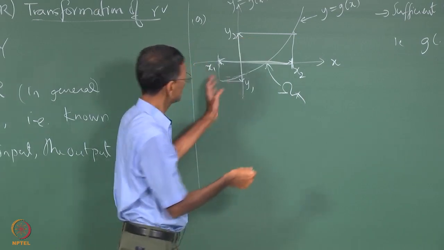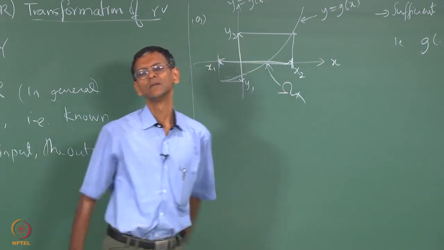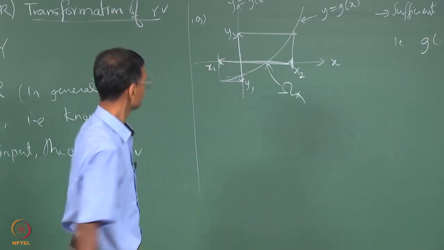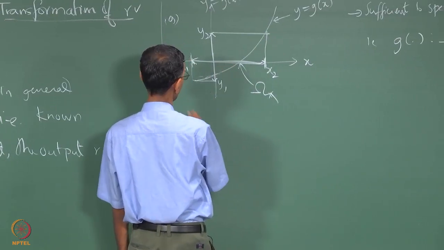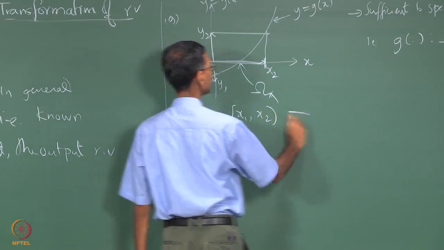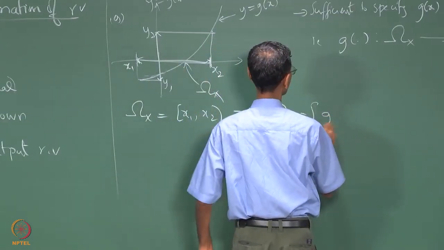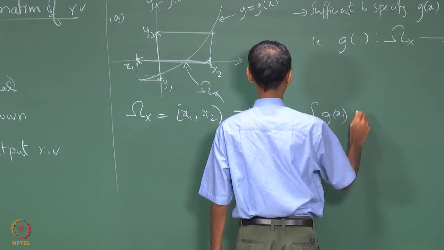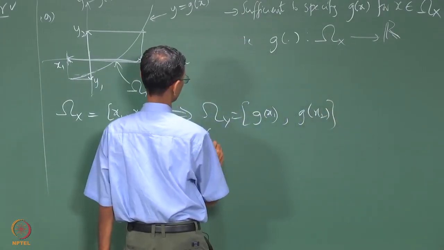Of course, in general also, even if it is not monotonically increasing, you can still identify the range y1 to y2. This is easy to draw, so I am drawing it. So, omega x equal to, let us say, a closed interval x1, x2, implies that omega y will be, in this case, g of x1 to g of x2 for monotonically increasing g.